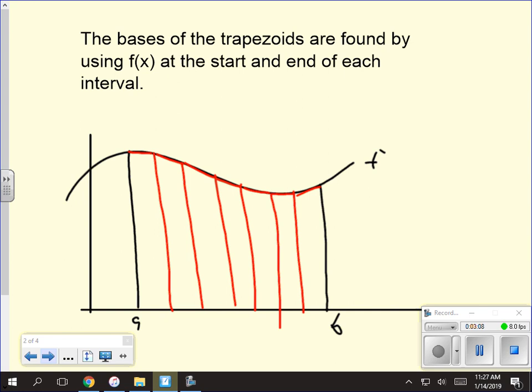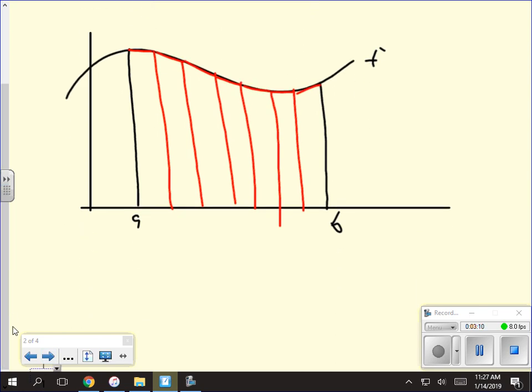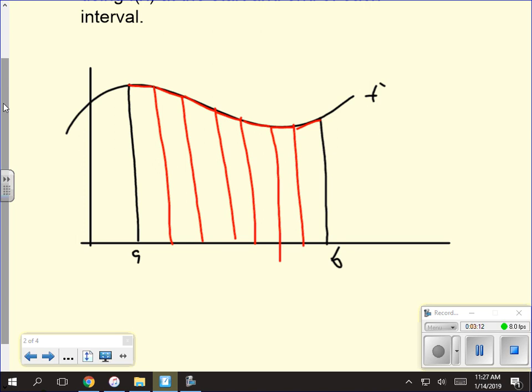Now, if we're breaking it up into subintervals, each interval will have an x-coordinate to go with it. So our lower bound is x sub 0. Our upper bound is x sub n, n being the number of intervals we break it up into. If it's four subintervals, we have 4 trapezoids.